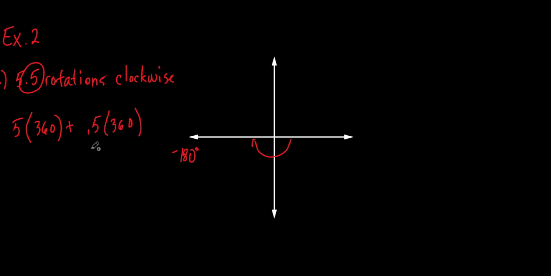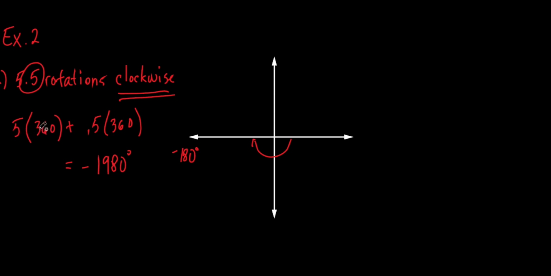Okay, I could have just gone 5.5 times 360, but this kind of makes you understand what you're doing, all right? So I went the 5 times, and then you put all that in your calculator, and again, it's in the negative direction because of the clockwise, so what's my answer going to be? Negative, whatever that is, and that's 1,980 degrees.